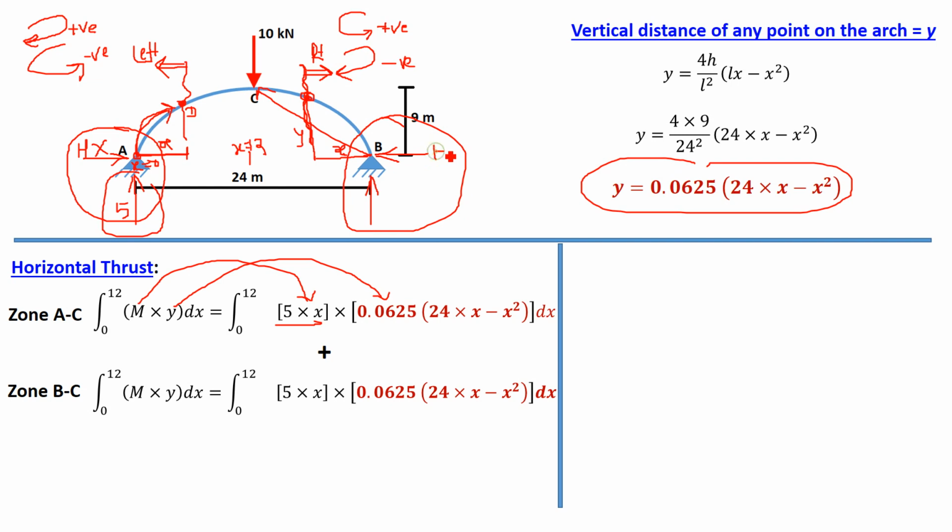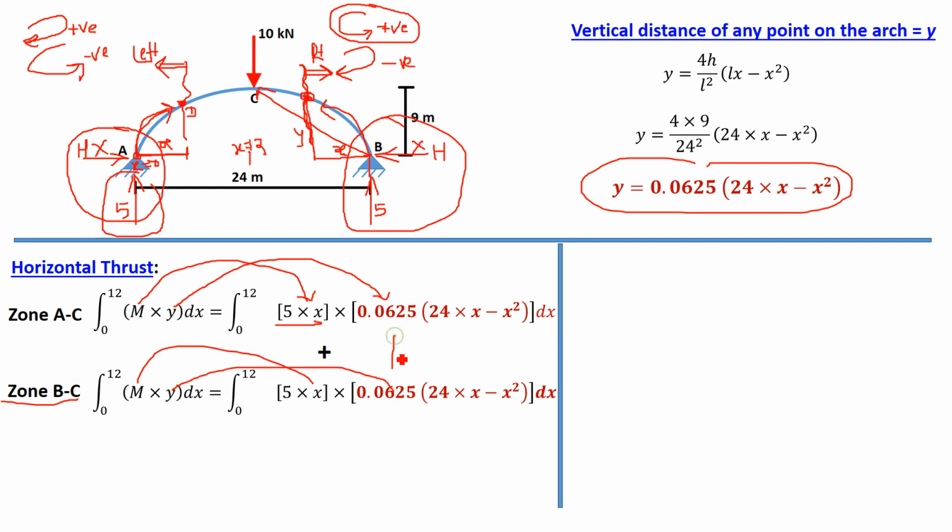Out of that, this is H, the horizontal thrust, so we are not considering this while calculating the moment. So only the vertical reaction again, 5 kilonewton, moment is 5 into x anti-clockwise. As per the sign conventions, on the right part anti-clockwise is plus, so 5 into x again. So for zone BC, moment equal to 5 into x, y equal to the same.